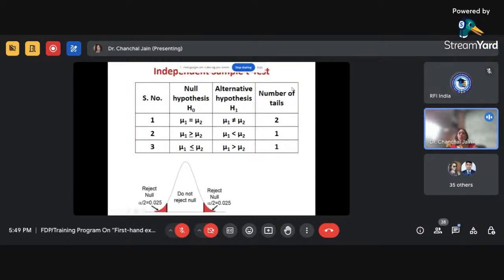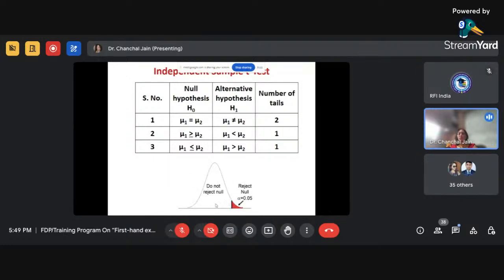If you're talking about a two-tailed test, in that case your rejection region falls on both tails, because both the tails are involved here, and the remaining region is where you are accepting your null hypothesis. Similarly, in the one-tailed test, on either of the tails your rejection region will fall and the remaining region will become your acceptance region.